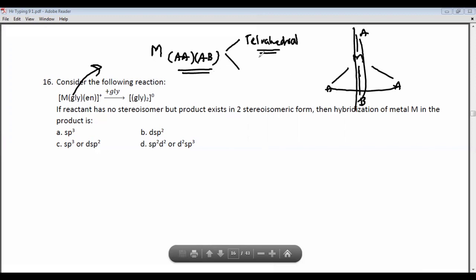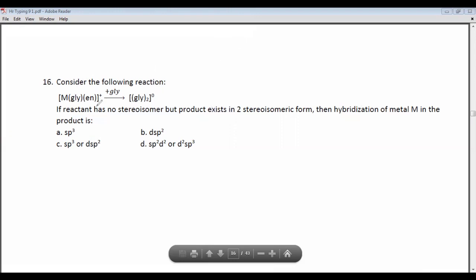So no optical isomerism. If this is a square planar complex, then we have to consider geometrical isomerism. This is not able to show geometrical isomerism because always here is AA. So we can't predict isomers. So that's correct: the reactant has no stereoisomer.